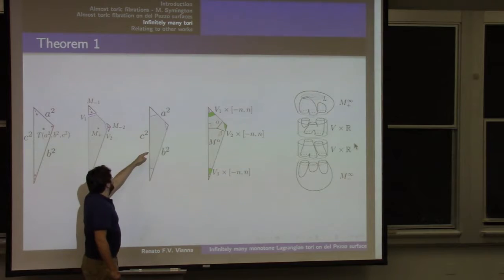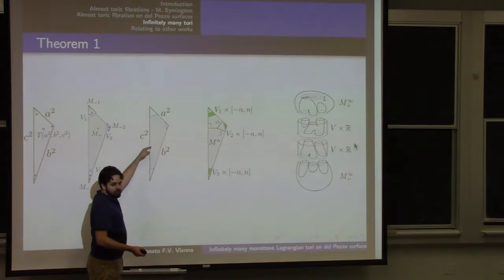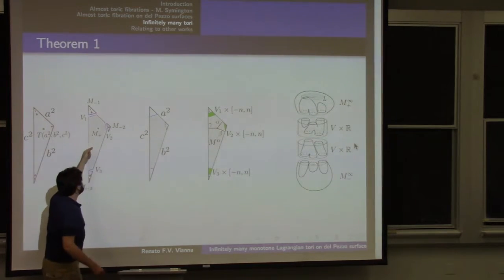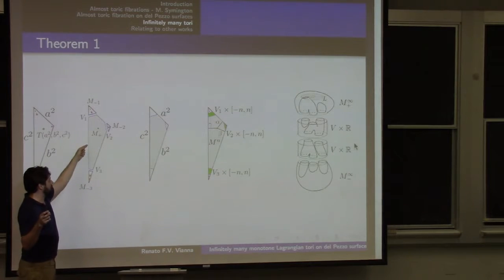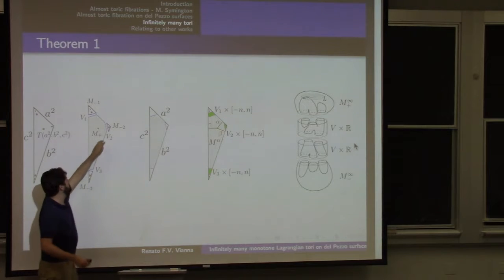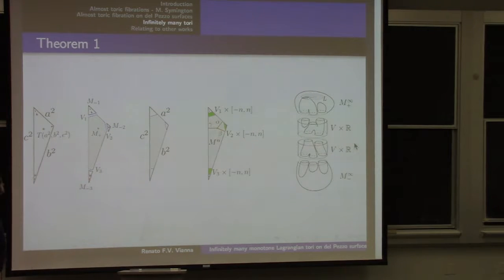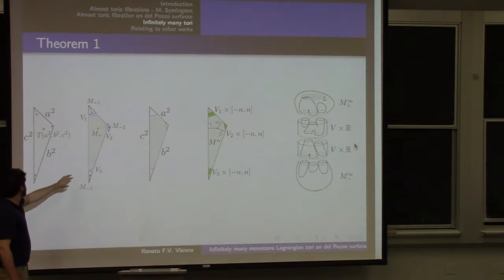Then I want to count holomorphic curves. So I pull back the standard complex structure of this weighted projective space, and because the space of almost complex structures compatible with the symplectic form is contractible, I can extend these complex structures to the whole symplectic manifold.